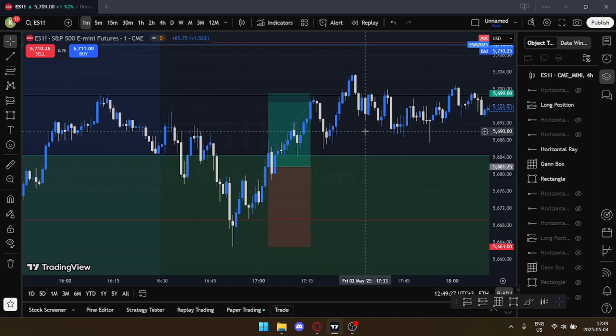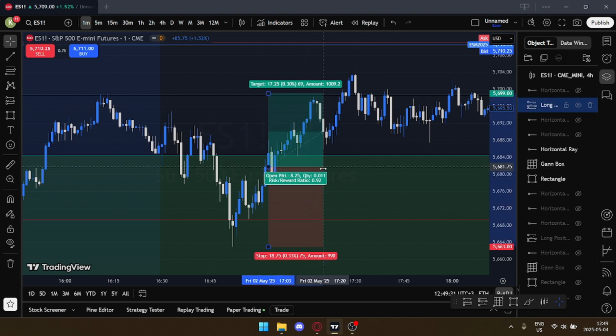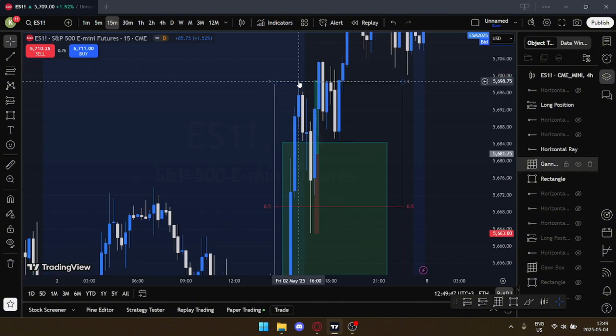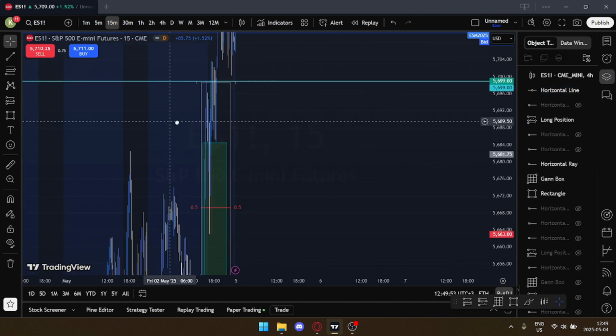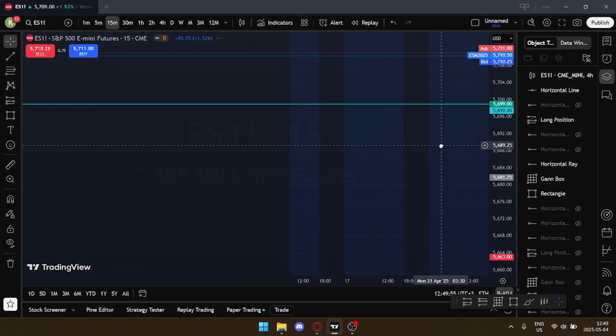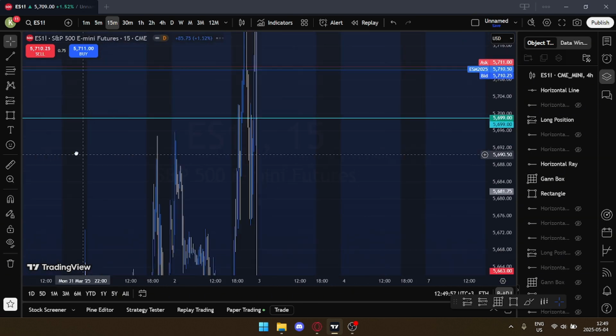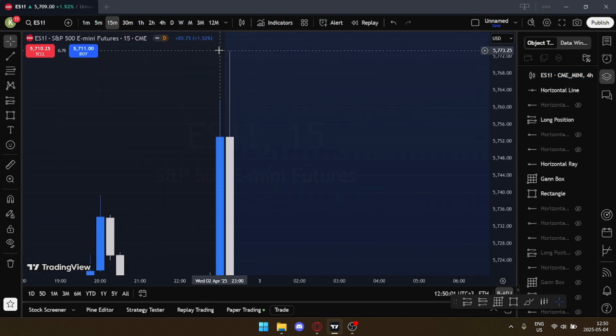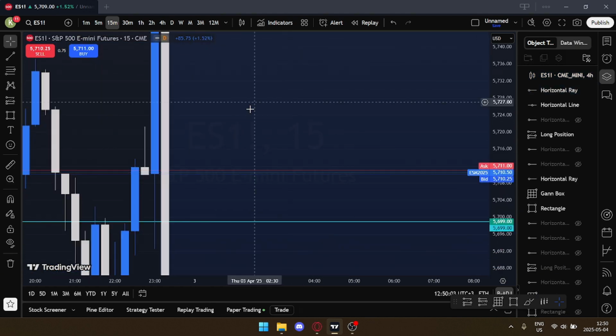But there's a slight problem, that there's nothing really that I can do, because hold on, if we zoom out to, let's say, the 15-minute time frame, this is our take profit right here. Now if we look for other highs, we can notice that the closest high is right over here, which is a bit absurd.